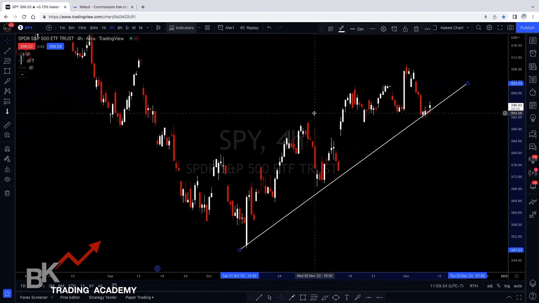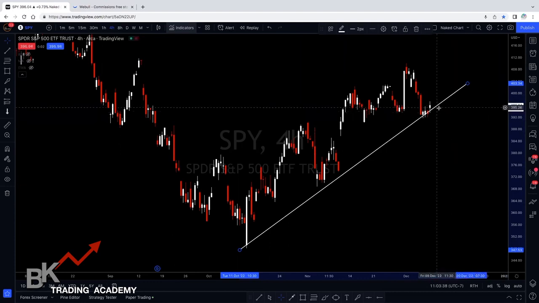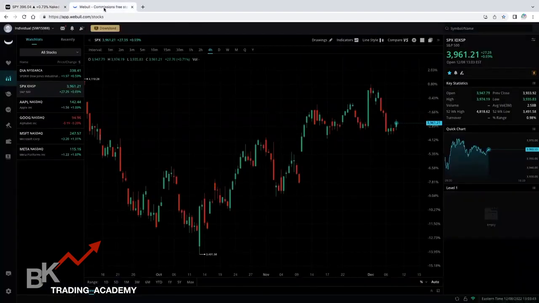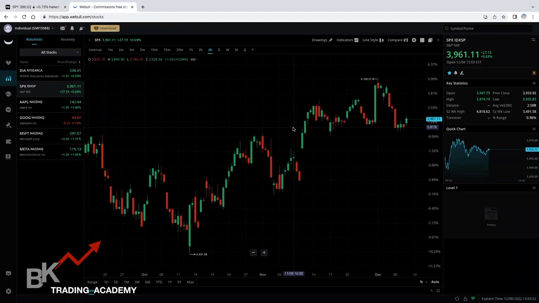So you can actually trade the ETF at $396 per share. You just can't trade the index. Now, that's different if you were trading options, for example, where you're not actually trading it like stocks, but you're more betting on whether you think that price is going to become bearish or bullish, but that's a completely different video.